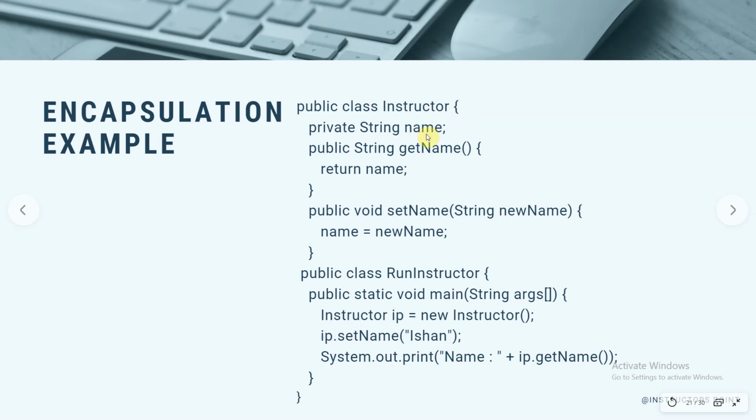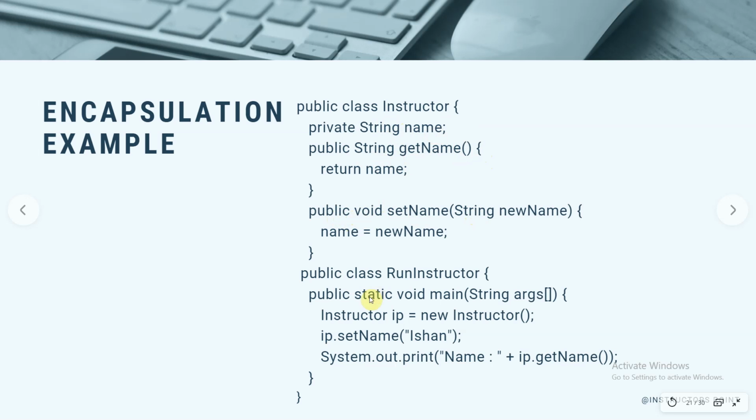But here I have defined a method named getName with the public access modifier, so it can be used from anywhere outside this class. The name variable cannot be accessed directly, but it can be accessed with the help of the getName method. Now I have made a method named setName, which is used to set the value of the variable name.